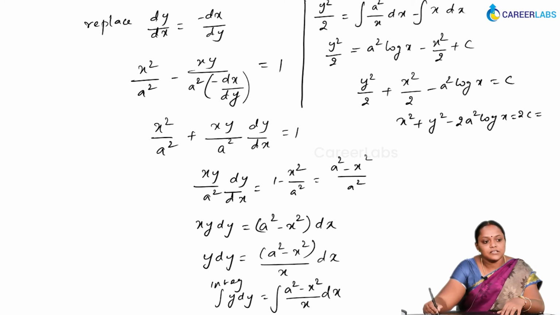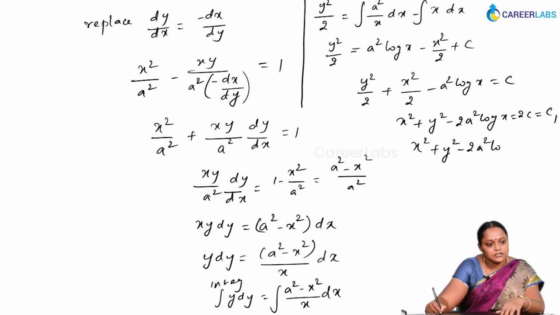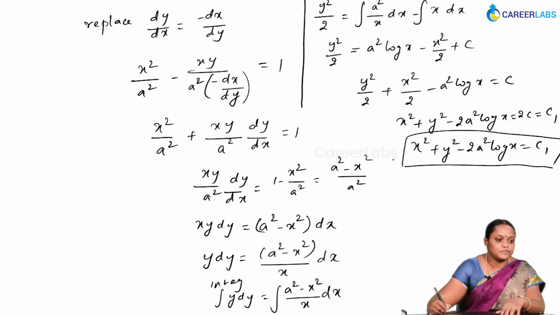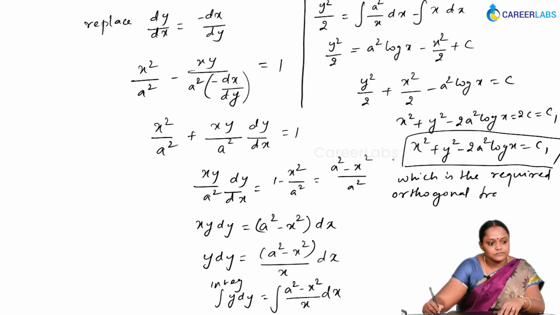We can call this some c1, which is nothing but the equation of the orthogonal trajectory. Okay. So this is the answer for this problem, the required orthogonal trajectories.